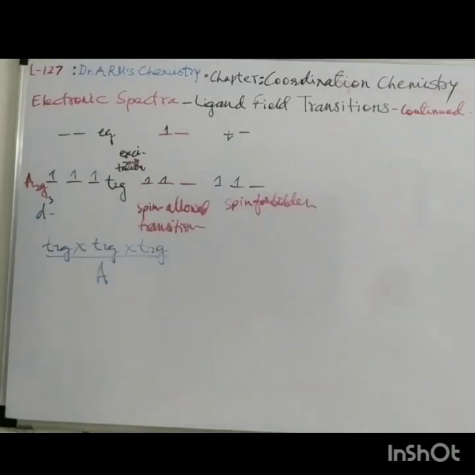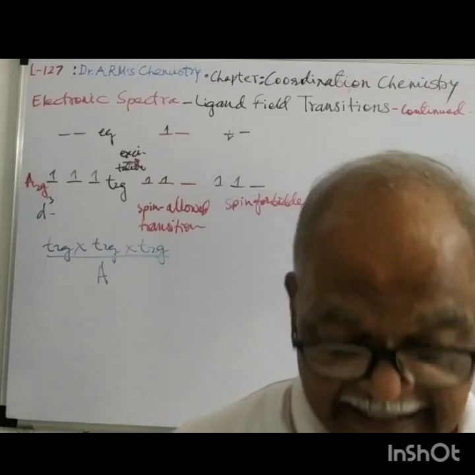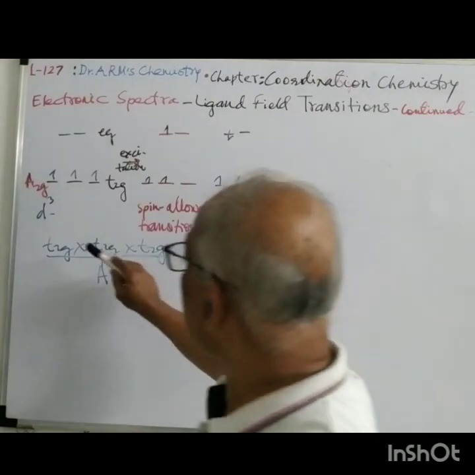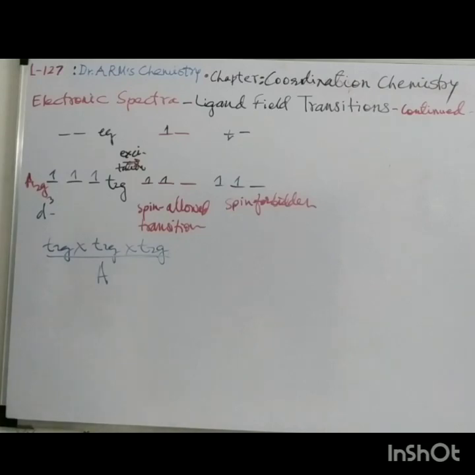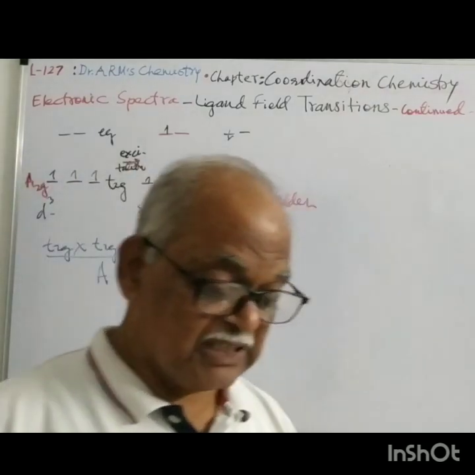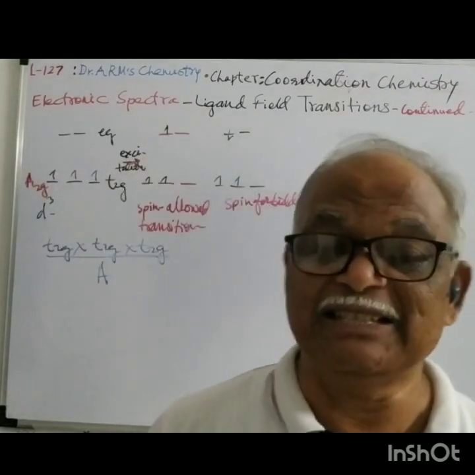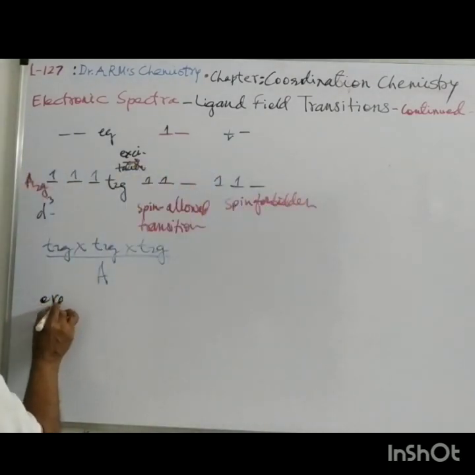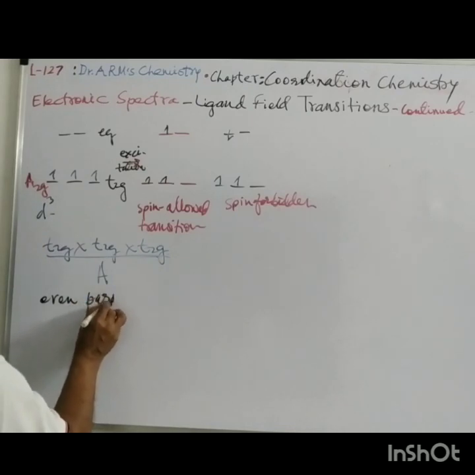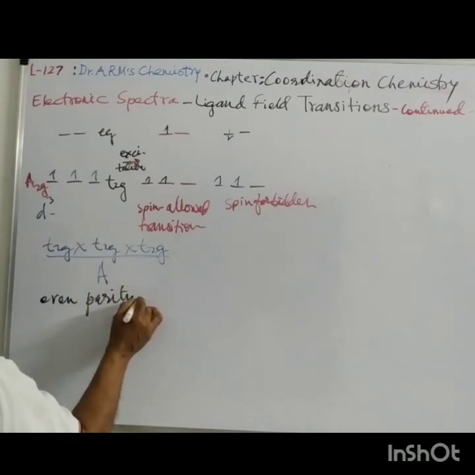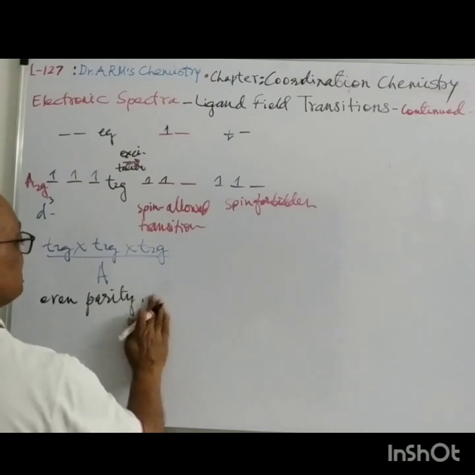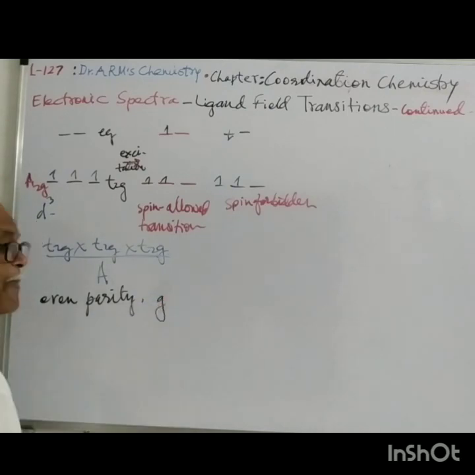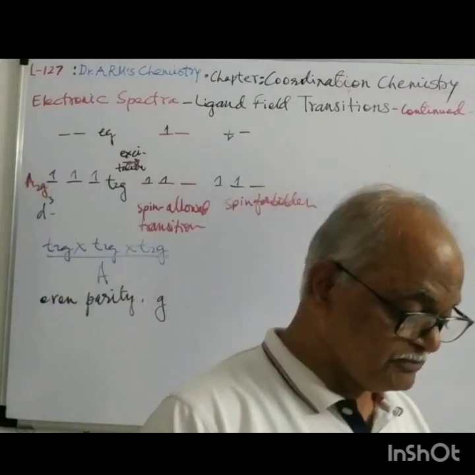Then, if you see the symmetry, all these three orbitals have the same symmetry, that is called even parity. So each orbital has even parity, and they are represented by the symbol g for gerade.